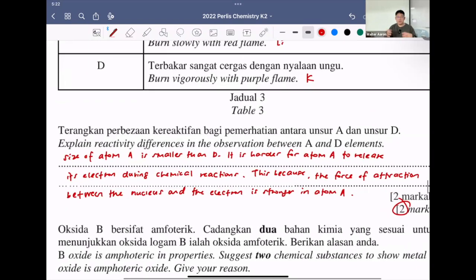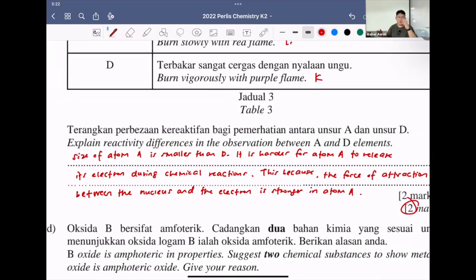So the smaller the atom size, the harder it is to release the electrons, because the protons in the nucleus are pulling the electrons towards itself. So to release that one valence electron out, it will be technically harder compared to a larger atom.